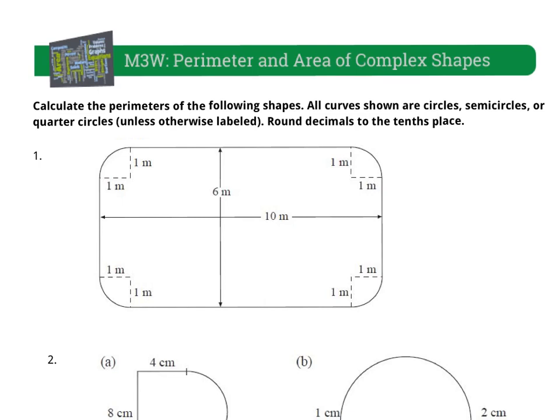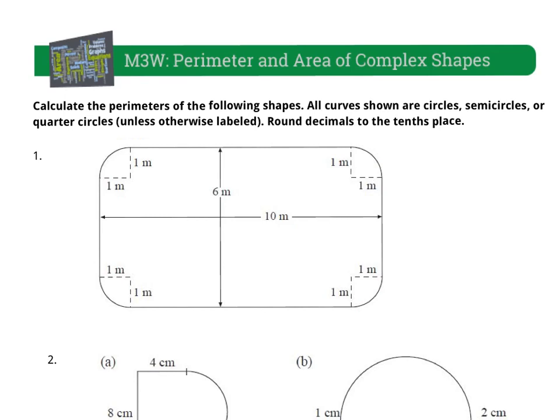And I don't really know how to find the perimeter of a rounded off rectangle, but I do know how to find the perimeter of a rectangle, and I know how to find the perimeter of a circle. So if I can break this rectangle down into its straight sides along the edges here and its curved sides, I should be able to figure out the total perimeter.